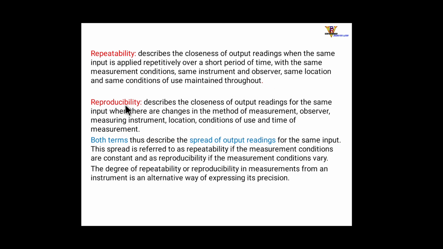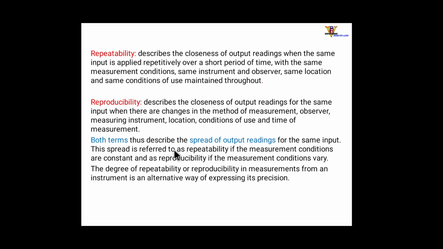But in the case of reproducibility, we can change the method of measuring, the observer, the instrument, the location and the conditions. We will see how close the output is to the reading. Both terms describe the spread of output readings for the same input.